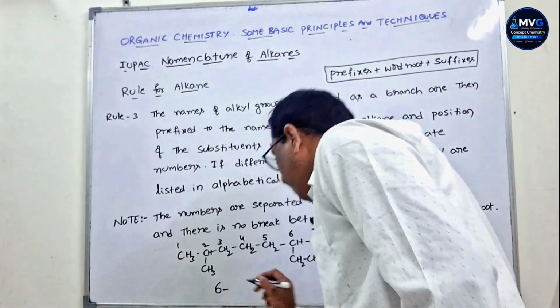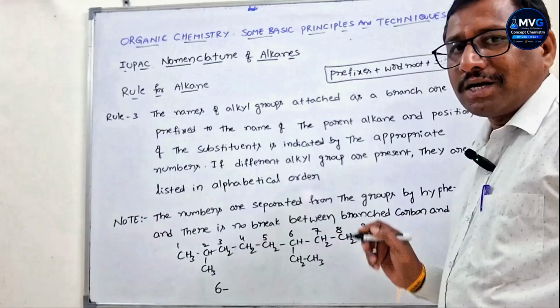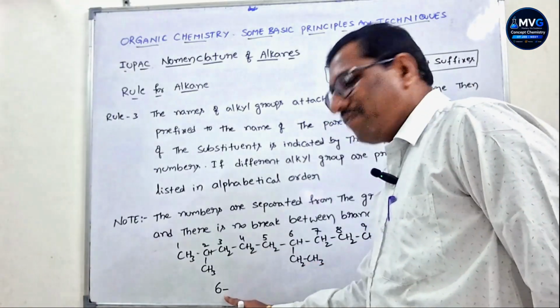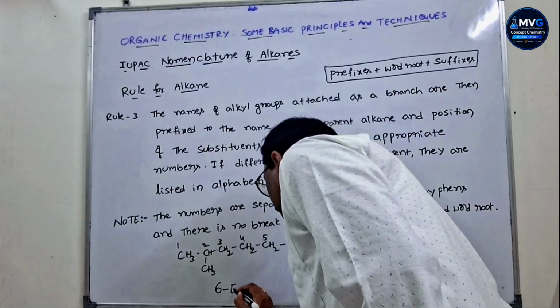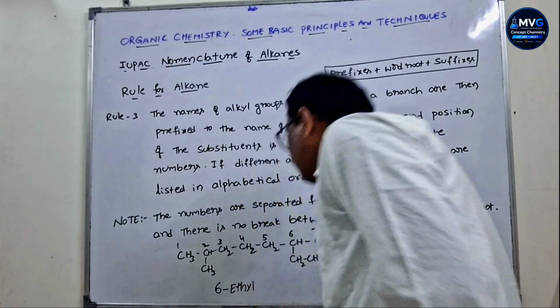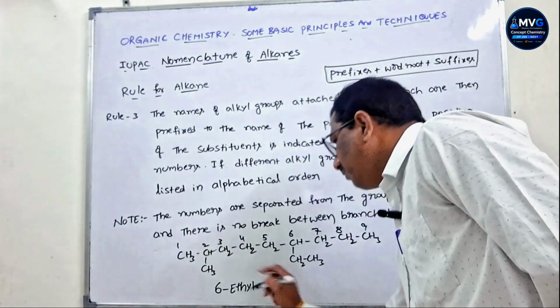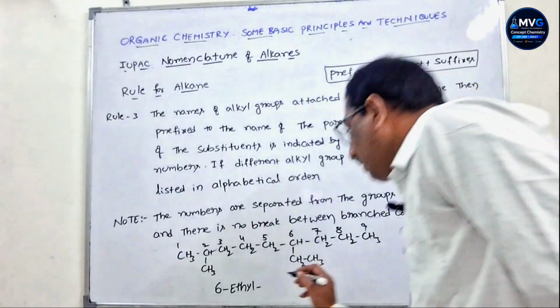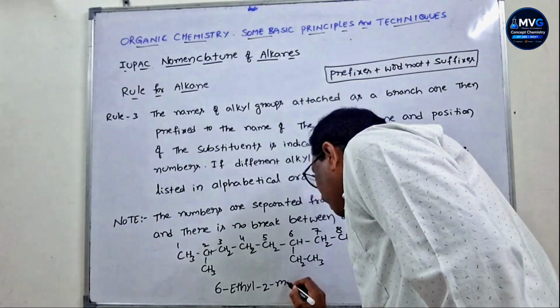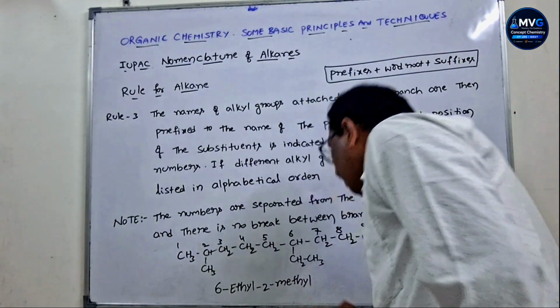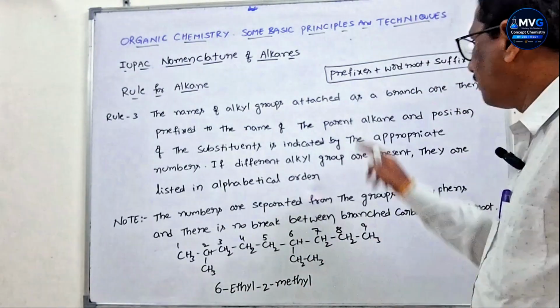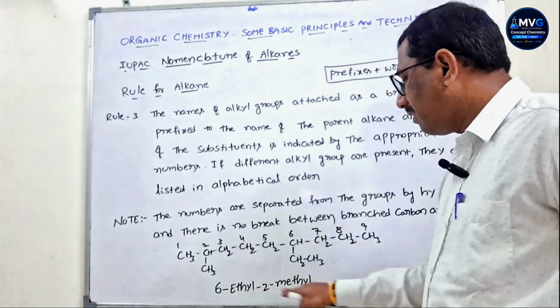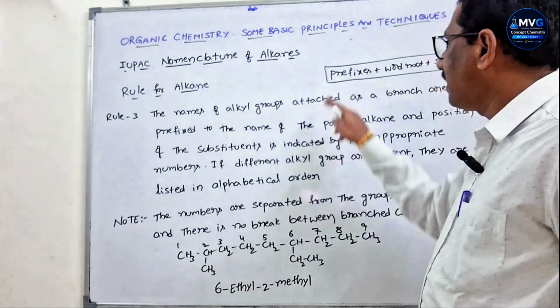Between the number and the substituent we should write a hyphen. 6-ethyl. Next, hyphen, students. One more is there here: 2-methyl. Completed, students. These two are the only substituents here.